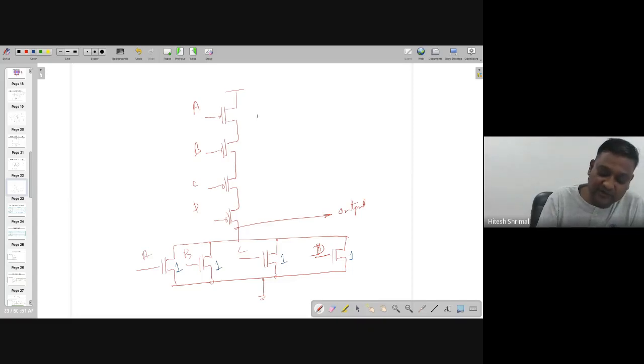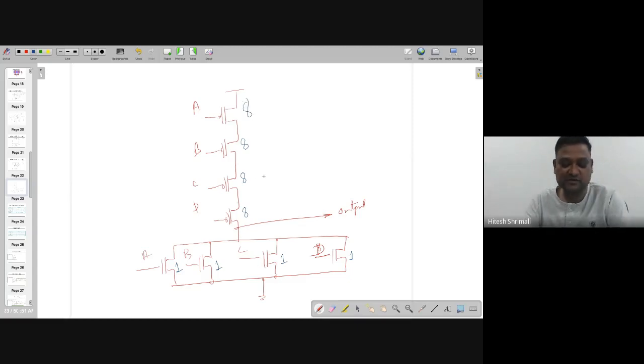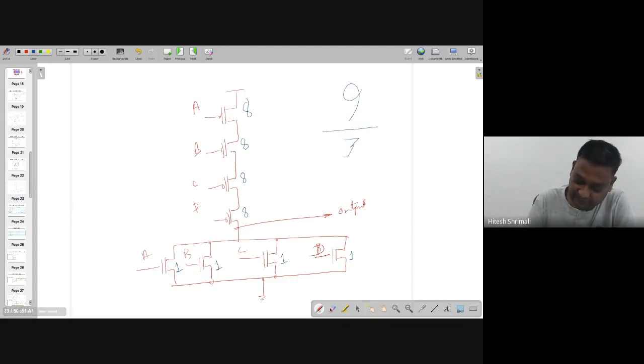Upside, 4 are there, so we need to keep all of them 8, so that when you divide by 4 transistors, it's going to be equal to 2. In this case, the input capacitance on any of the inputs is equal to 9 divided by the driving of the inverter, which is 3. So the answer is 9 by 3.